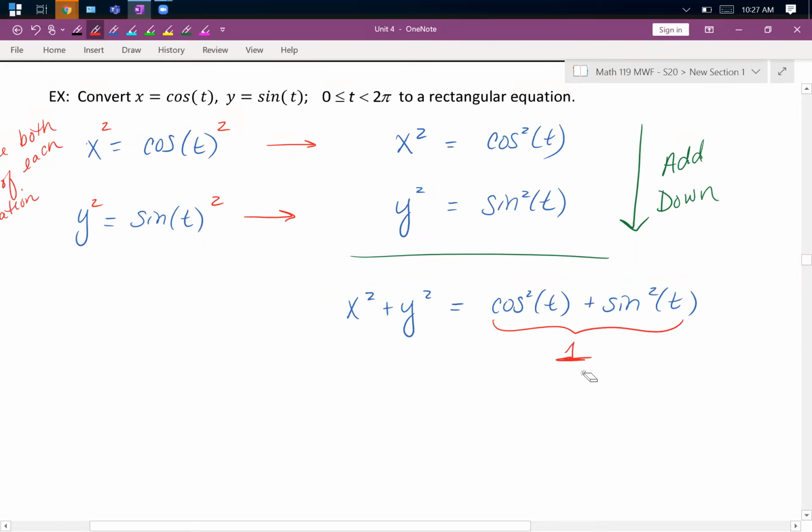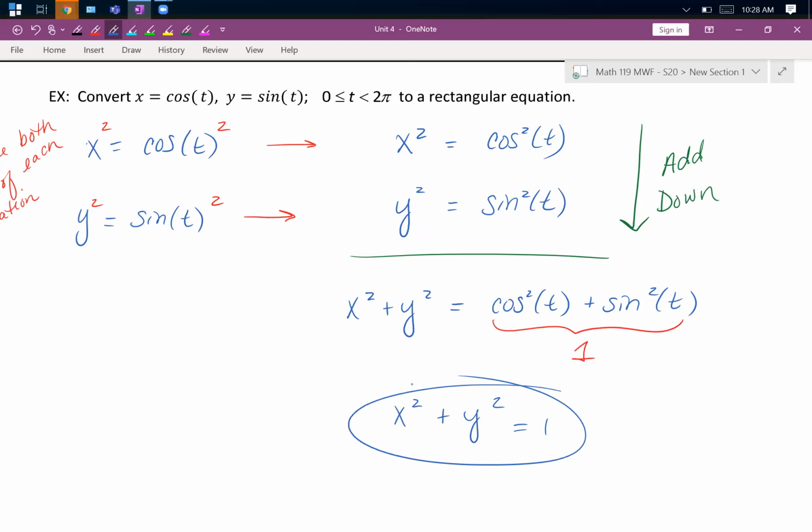You got it, Pythagorean identity. This is equal to 1. So this is going to simplify, because for it to be in rectangular, there shouldn't be any t's showing. We get x squared plus y squared equals 1. And there's our rectangular equation. Questions at all?